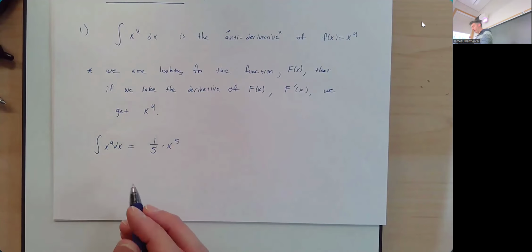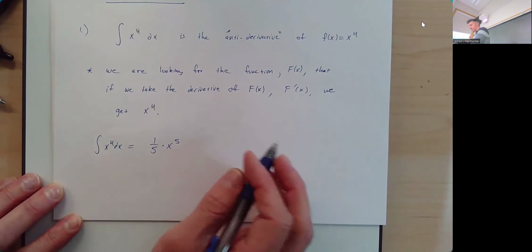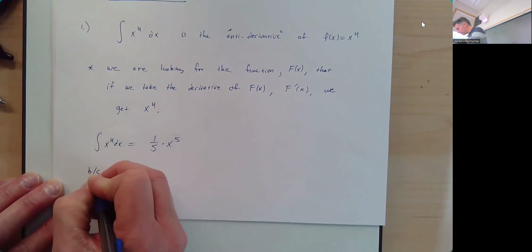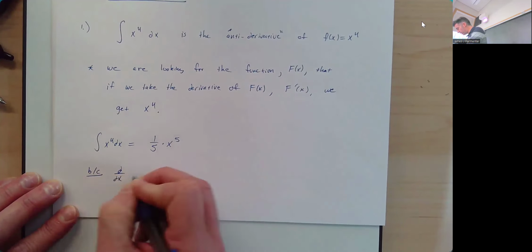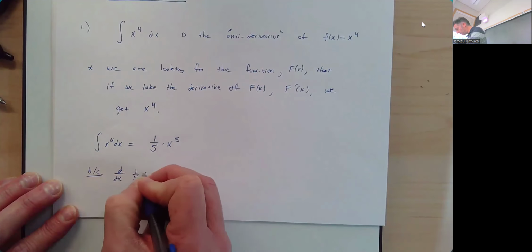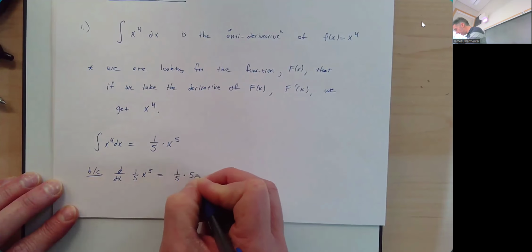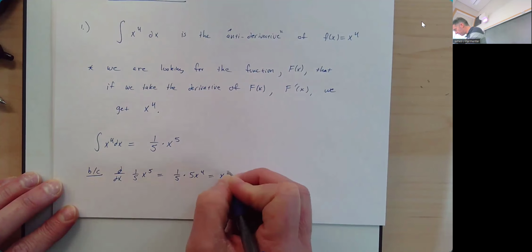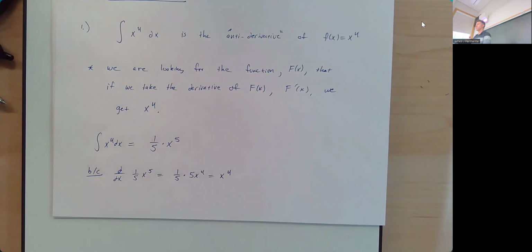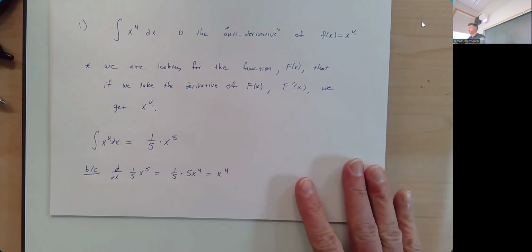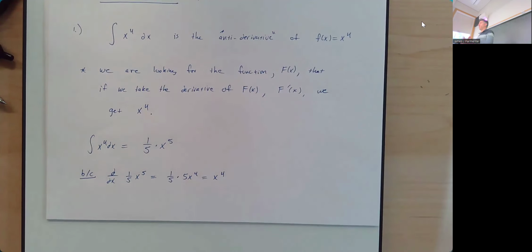Because if we take the derivative of that, the derivative of 1/5 times x to the fifth is 1/5 times 5x to the fourth, which is in fact x to the fourth. Or in other words, derivatives and antiderivatives undo each other. If you take the antiderivative of the function and then take the derivative of that, you get back to where you started.